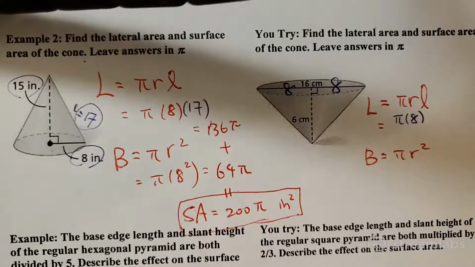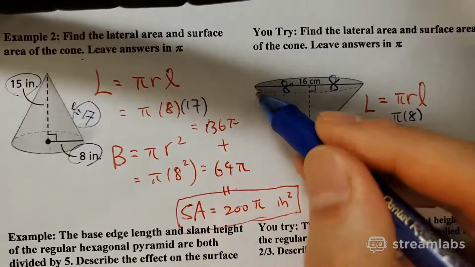Right? Radius is 8, right? What is your slant height? What would this part be?